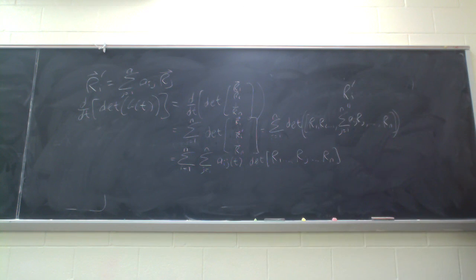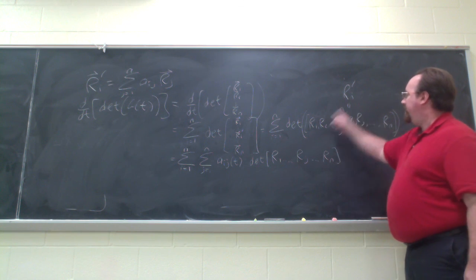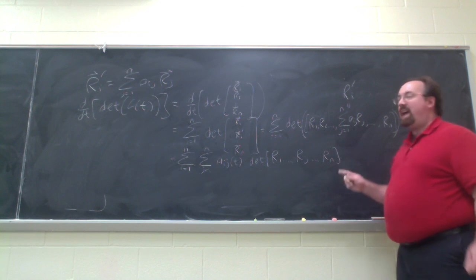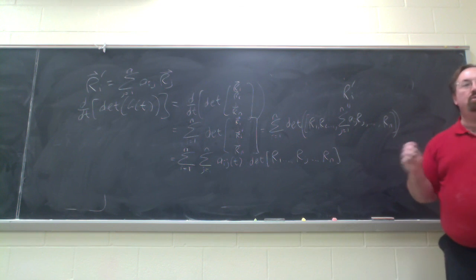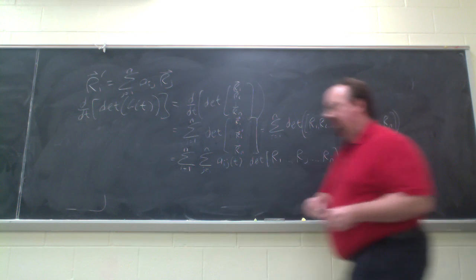Now, here's what happened. Ri prime is now occupied by Rj. What happens when a matrix has two rows that are identical and you take the determinant?